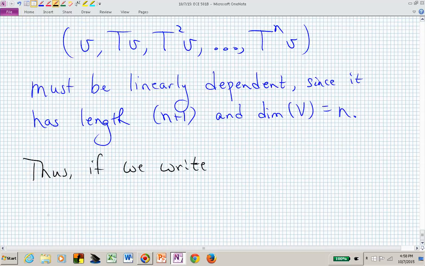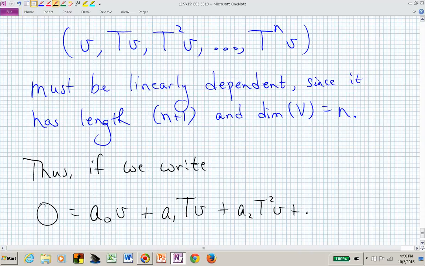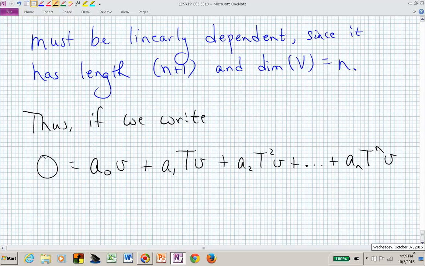Thus, we write 0 is equal to a sub 0 v plus a sub 1 t v plus a sub 2 t squared v up to a sub n t to the n v. What do we know about the a's?